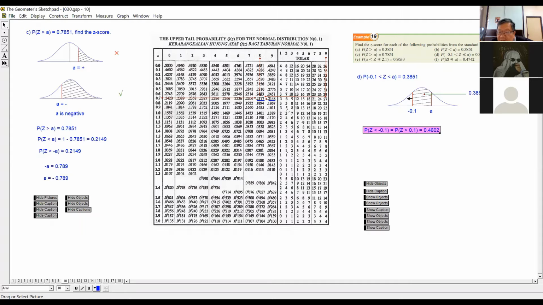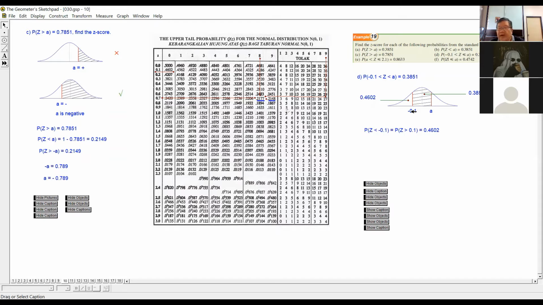That means this side is 0.4602. So they tell us, given by the question, 0.3851 is this probability here, this one. Then we know this is 0.1.